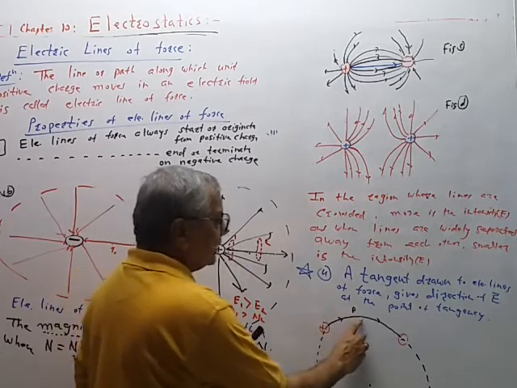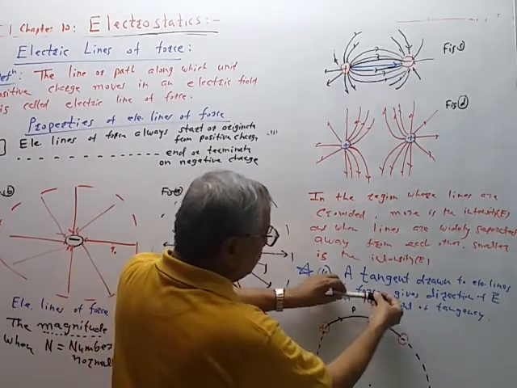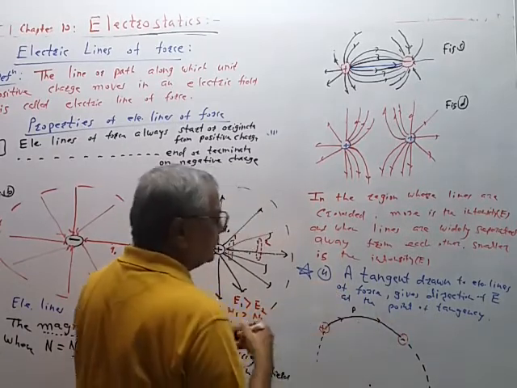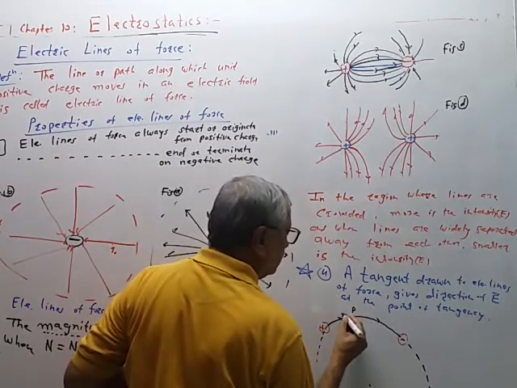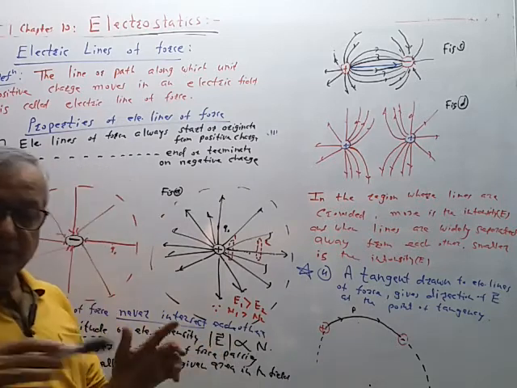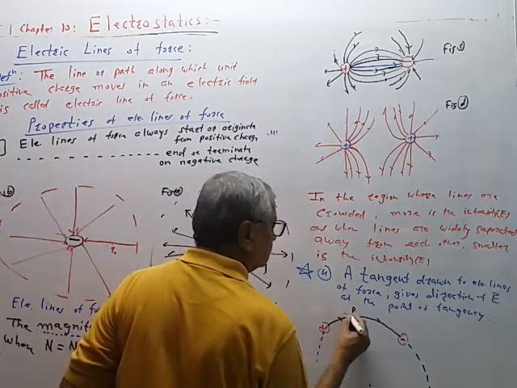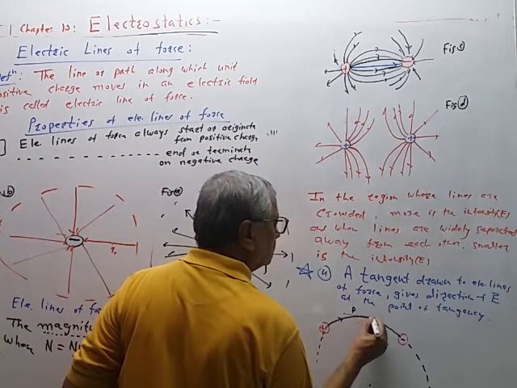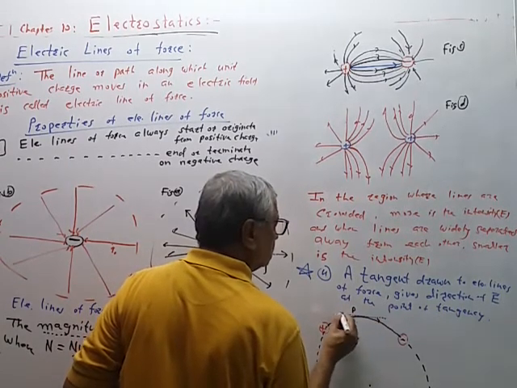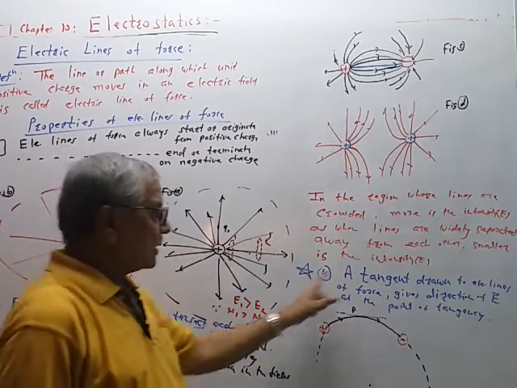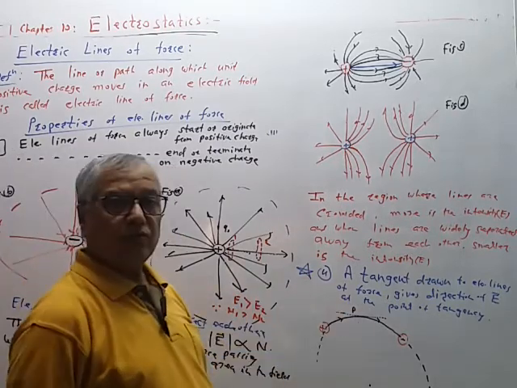Now we have to draw the tangent at this point P. So tangent is like this. I will draw this tangent. So this blue dotted line is the tangent to this circle, to this line of force.